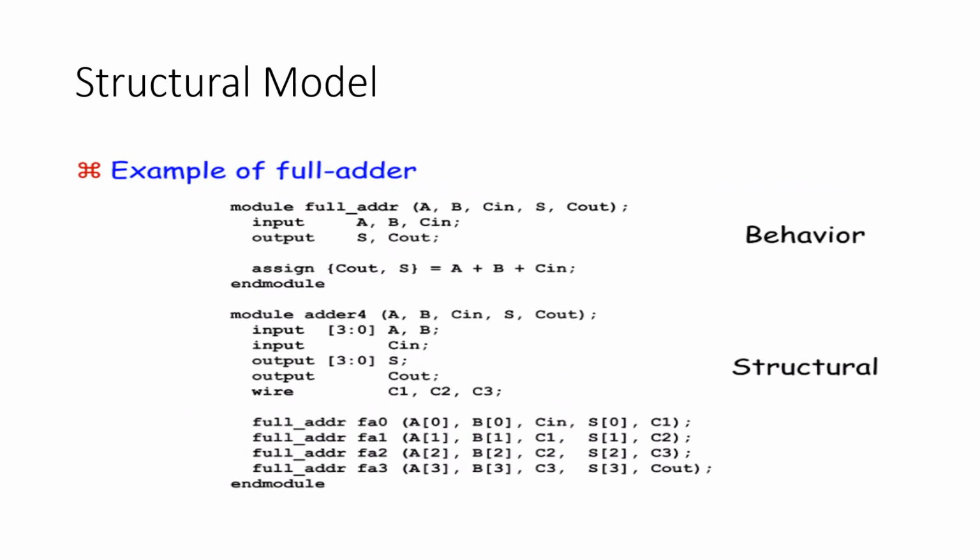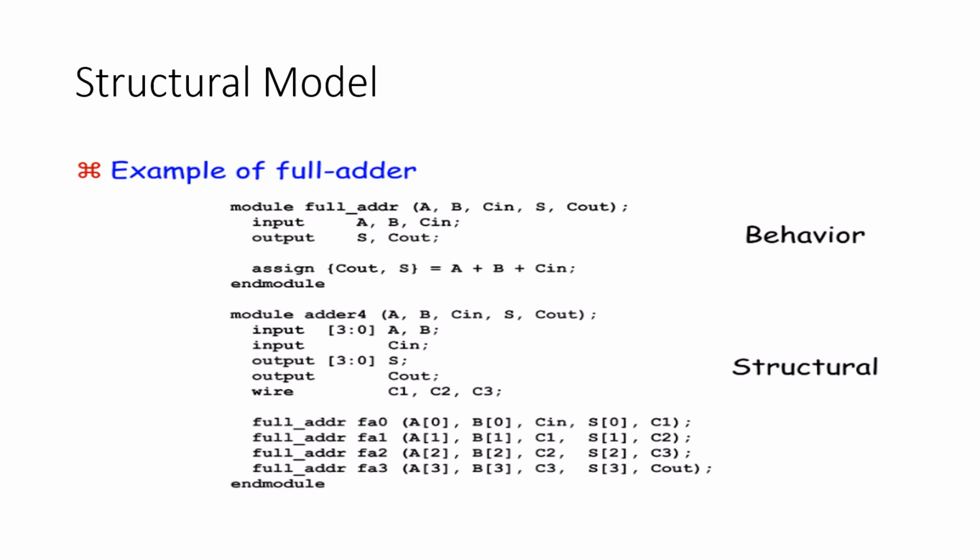This is another example I have considered, for a full adder. Here I have written the program using behavioral modeling as well as structural modeling. The first one is the behavioral modeling. The module name is full adder, and within the brackets I have defined all the inputs as well as the outputs. As we all know, the full adder consists of three inputs A, B and Cin, and two outputs, sum and carry, that is S and Cout.